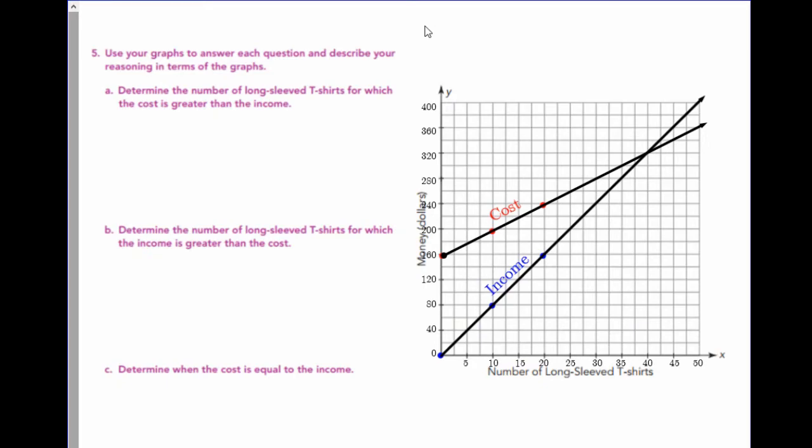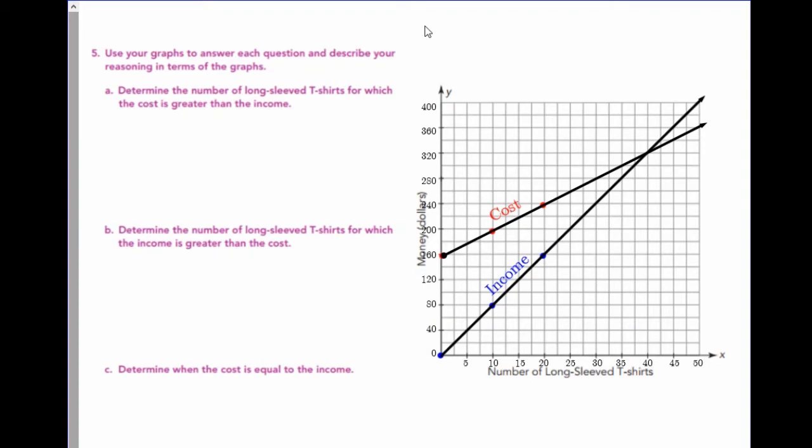So, number 5 says, use your graph to answer the questions and describe your reasoning in terms of the graph. That's why I put this graph back up here. You can flip back in your pages if you need to look at your graph as we answer these questions, because we always need to use the graph. It says, determine the number of long sleeve t-shirts for which the cost is greater than the income.